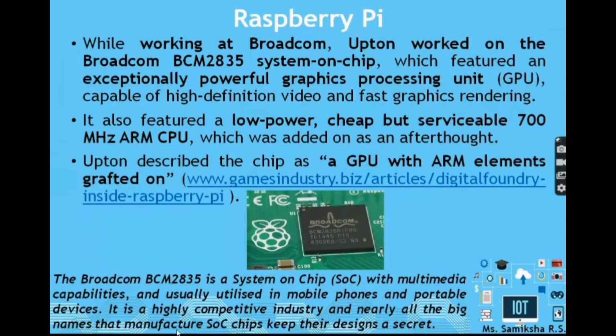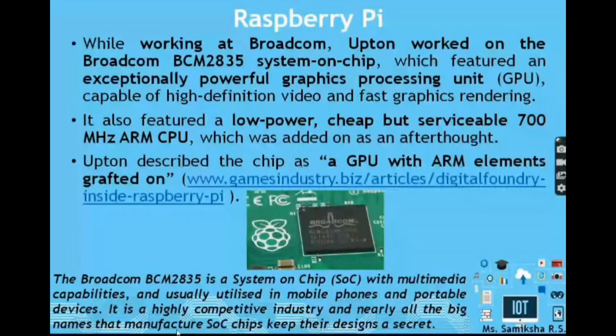And he found out that this system on chip, that is BCM2835, is having an exceptionally powerful GPU. GPU means graphics processing unit. And it is also capable of high definition video and fast graphics rendering.